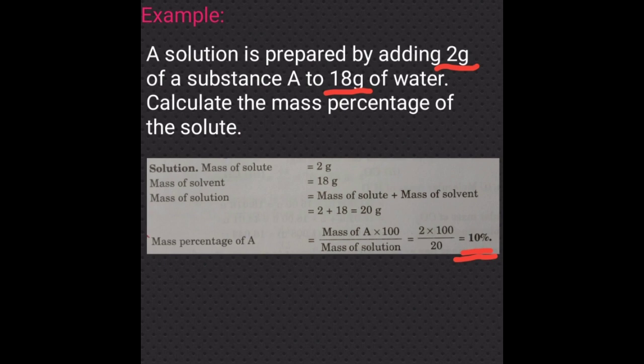Therefore, we can find out the mass of solution, which is the sum of the mass of the solute and the mass of the solvent. That's equal to 2 plus 18, which is equal to 20 gram. Now, we can find out the mass percent of A. Mass percent of A is equal to mass of A divided by mass of solution into 100, which is equal to 2 divided by 20 into 100, that's equal to 10%. So that is the mass percent of substance A.